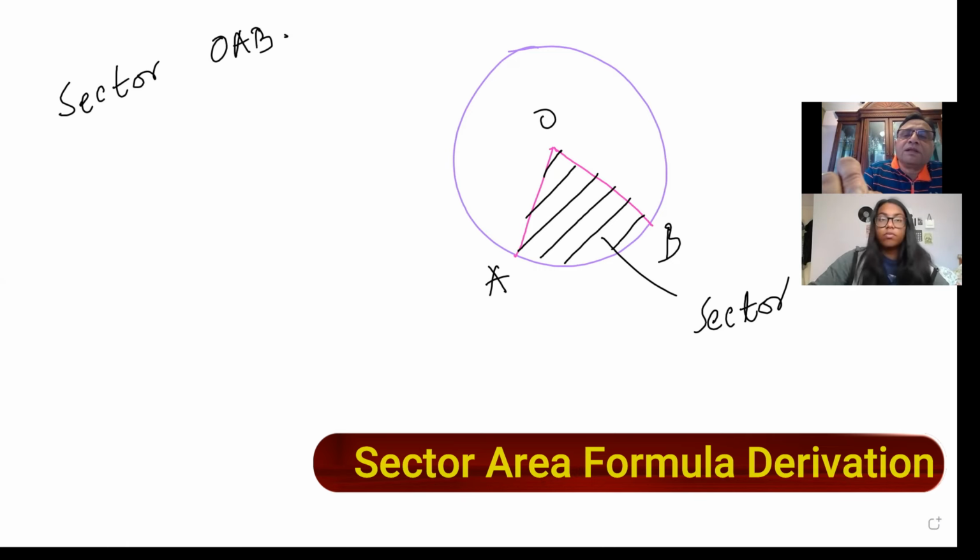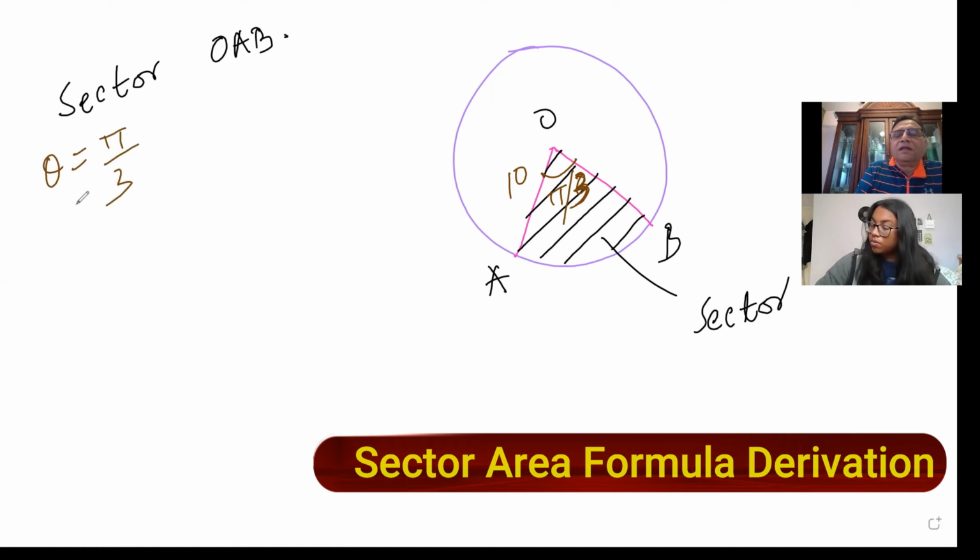If I know that the radius of this is, let us say, 10, and the angle here is pi by, let's make it 3. It's much bigger. So we'll take theta as pi by 3 and radius is 10. So how much is the sector area?